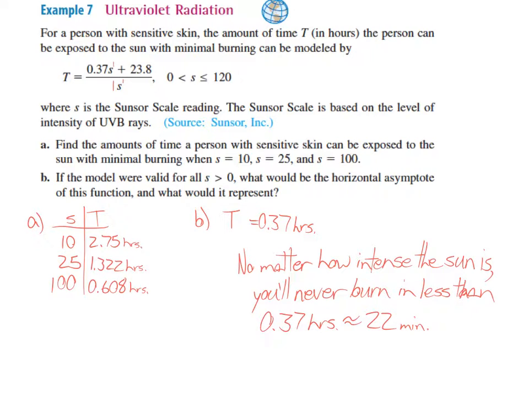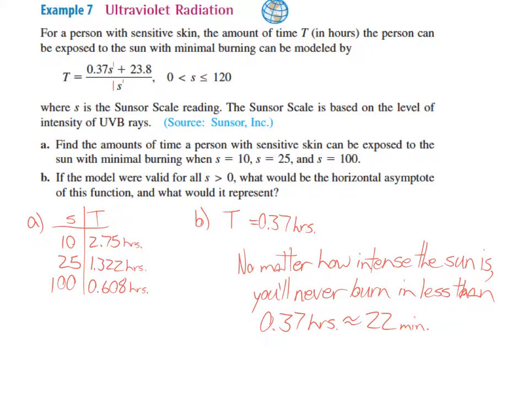So here's the deal. No matter how hot the day is, no matter how intense the sun is, that asymptote is saying you can safely stay outside for 22 minutes and not burn. That's what this asymptote is telling us. It's the minimum amount of time that you can spend out without burning, no matter how intense the sun is.